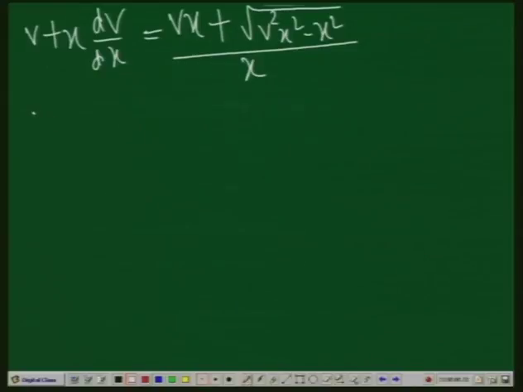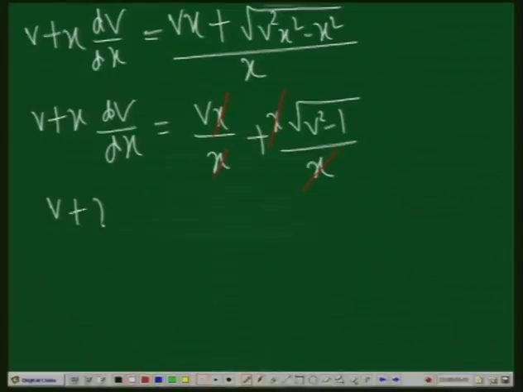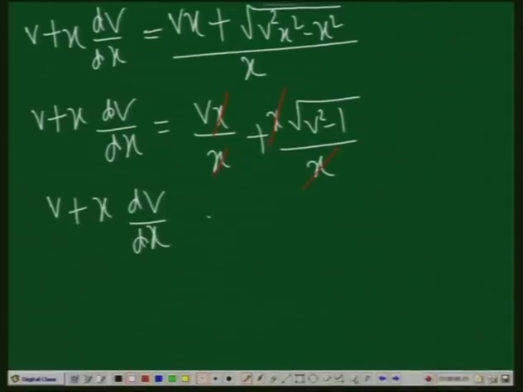Now it's v plus x into dv by dx equals, separating it, vx by x plus, I'll take x square outside, so it becomes x into root of v square minus 1, divided by x. Now cancel x. I can cancel this x here, and we will be left with v plus x into dv by dx equals v plus root of v square minus 1.